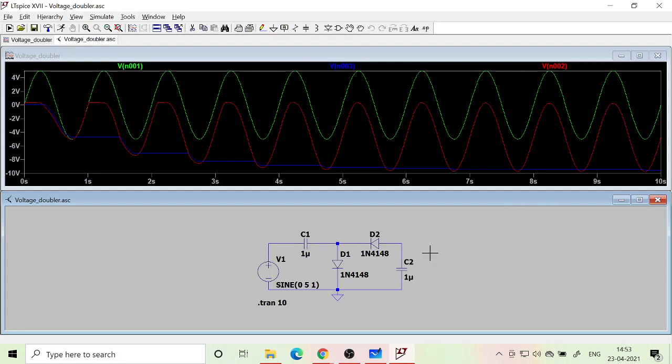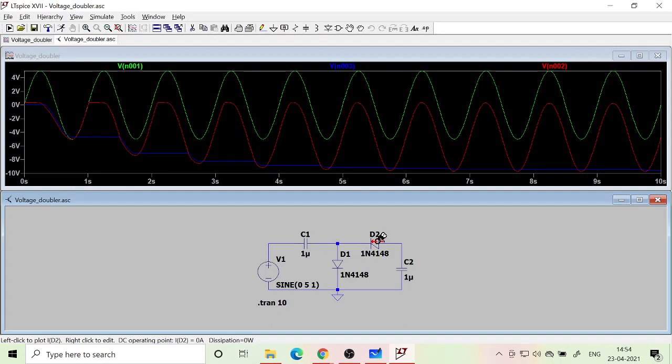So with the real diode, it has got a cut-in voltage, so there will be a drop across it, and therefore it will not reach minus 2 Vp. It will be slightly lesser than that. The steady state value will be slightly less than minus 10 volt. That's because whatever we simulate is with real components. It's a model of the real component.